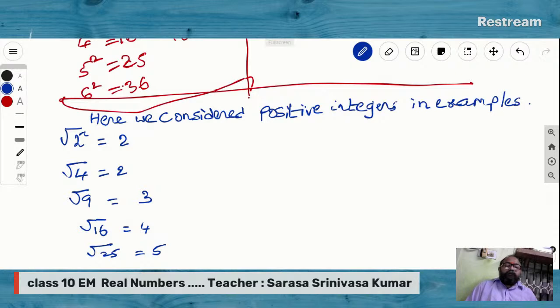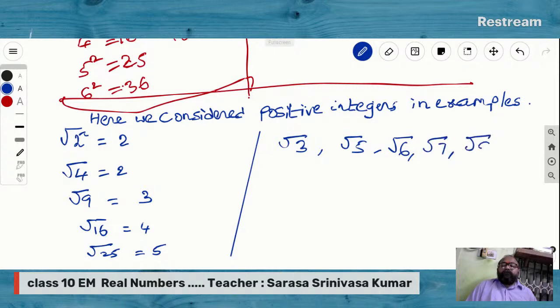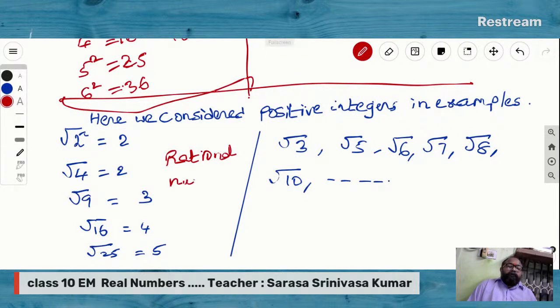So what about the non-perfect square numbers? Square root of 3, square root of 5, square root of 6, square root of 7, square root of 8, square root of 10, and all this. These are irrational numbers. The square roots of perfect squares are rational numbers.